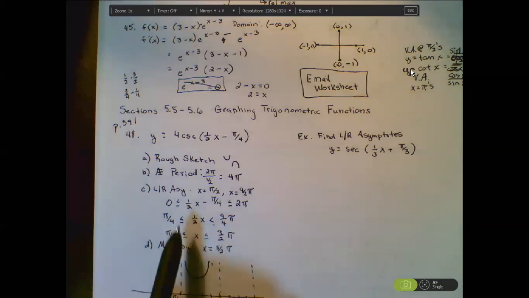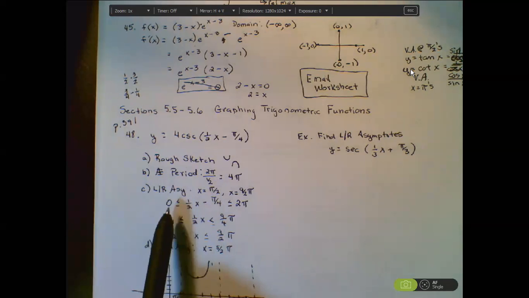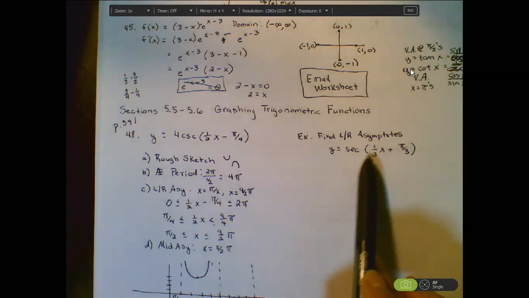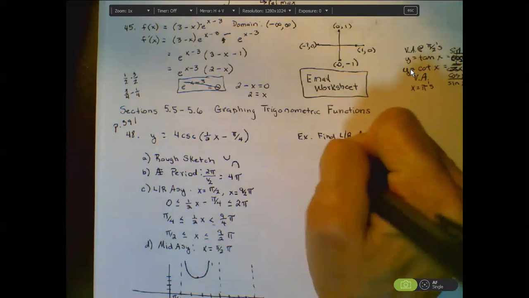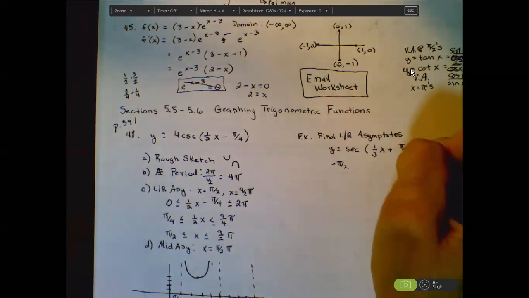That's where we got, for the left and right asymptote of cosecant, we're going to use the period from 0 to 2 pi. But for the left and right asymptotes of secant, we're going to use negative pi over 2 to 3 halves pi.